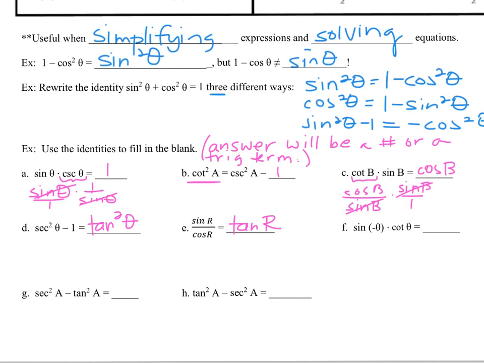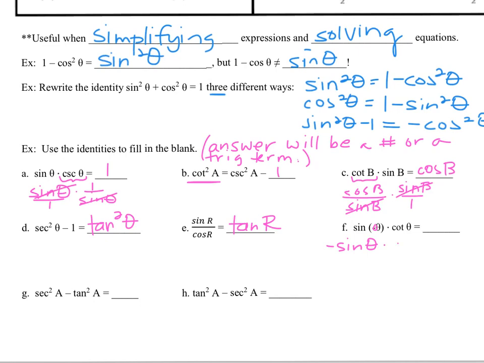Sine negative theta times cotangent theta. Let's try this one. Sine negative theta, that's an even odd identity. If there's a negative with your theta, that just equals negative sine theta for the output. Now cotangent theta, we have a couple of cotangent options for our identities, but the only one that works with sine is again that quotient identity. So very similar to example C up above.